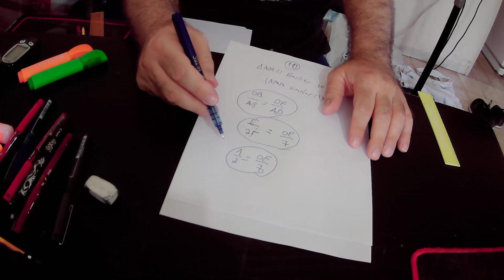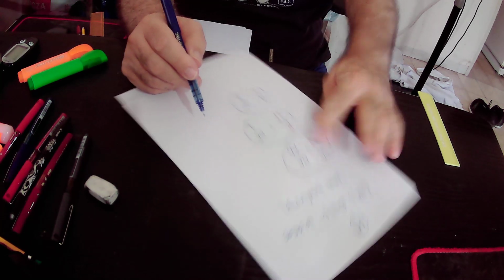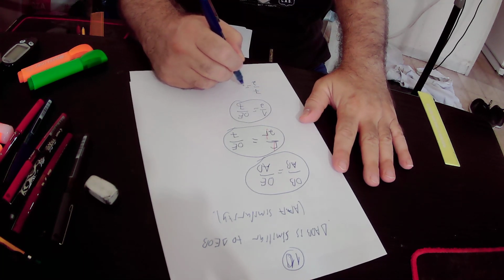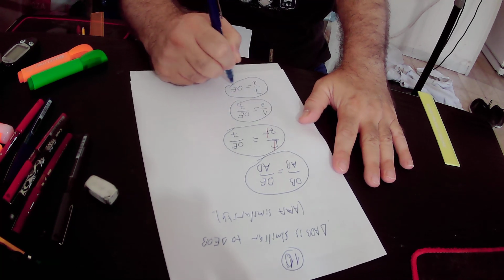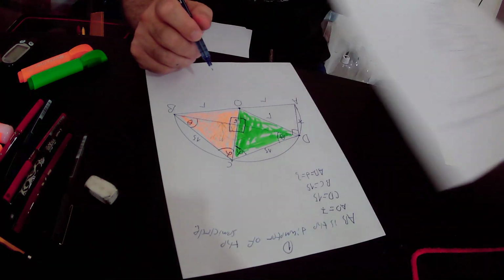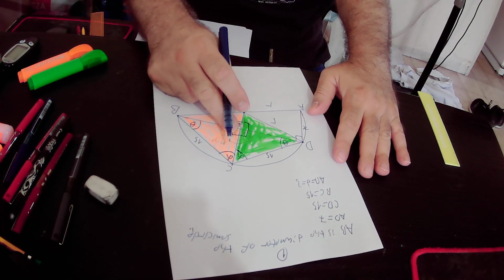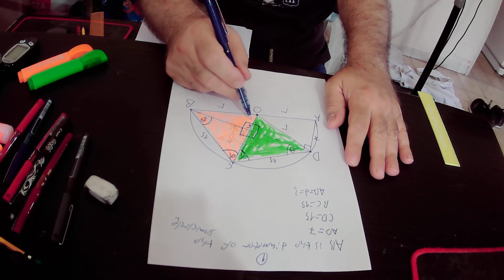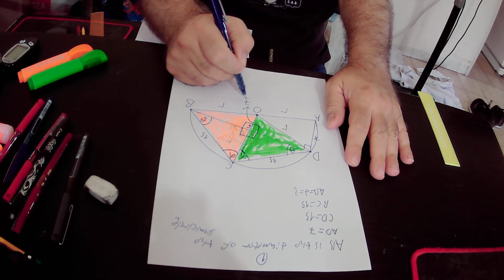Here we can multiply this equality by 7 in order to get the value of OE. So 7 over 2 equals OE. So OE equals 7 over 2 units. We found out that the value of OE, this line segment, is equal to 7 over 2 units.